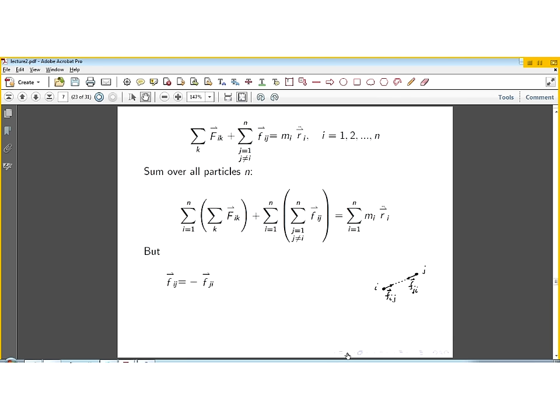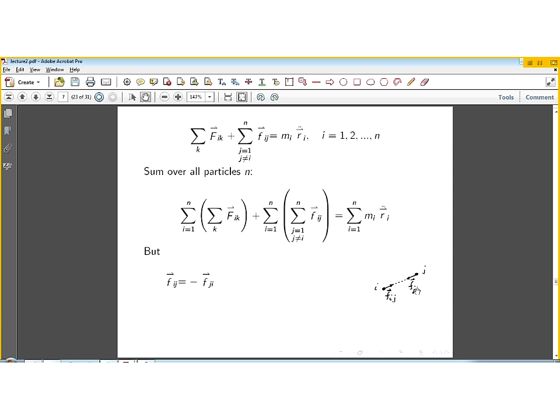Now if we just look at the internal forces carefully, realizing that if the jth particle exerts a force on the ith particle, which is indicated by this part of this little sketch. This is the ith particle, and F sub ij is the force acting on particle i caused by particle j.